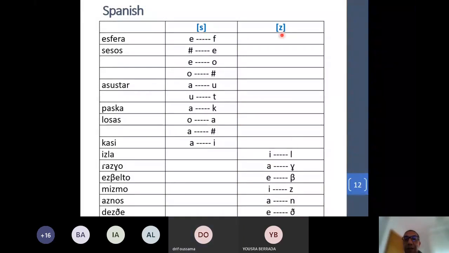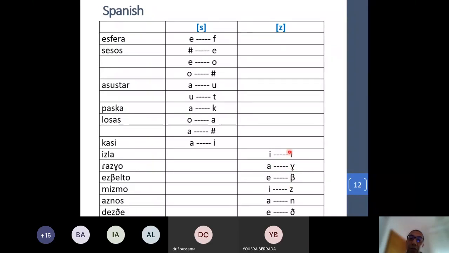The Z variant exclusively occurs before voiced sounds. This is a limited environment. However, S occurs elsewhere. The very important thing is that the S variant does not occur before voiced consonants.